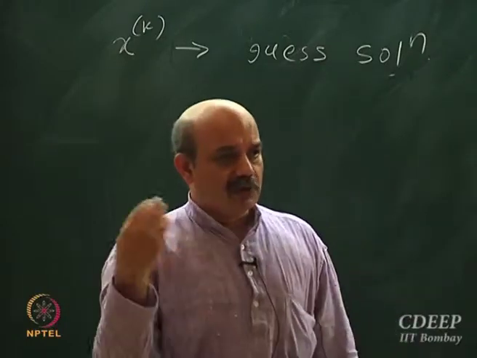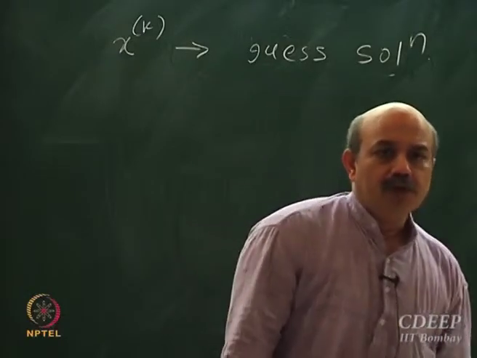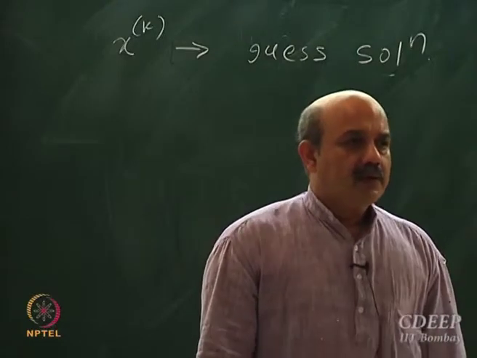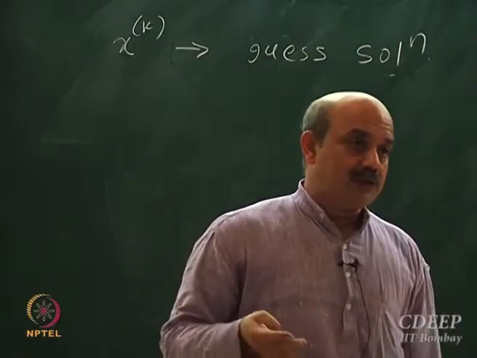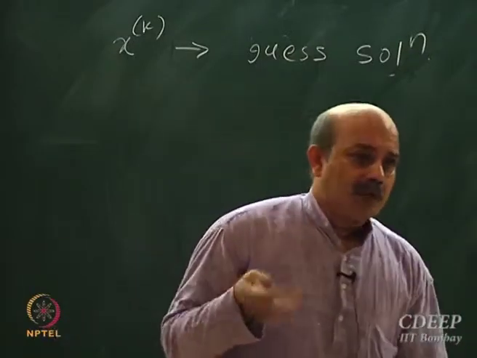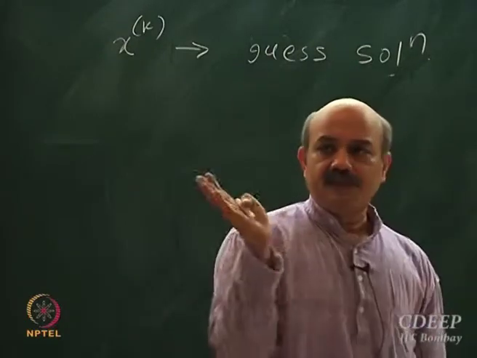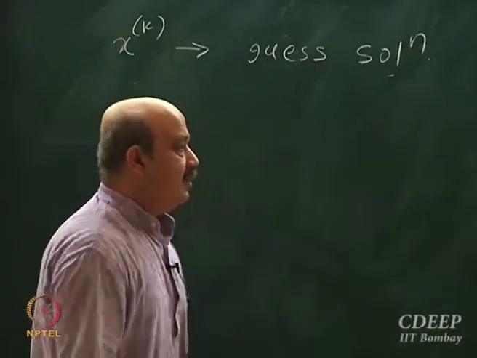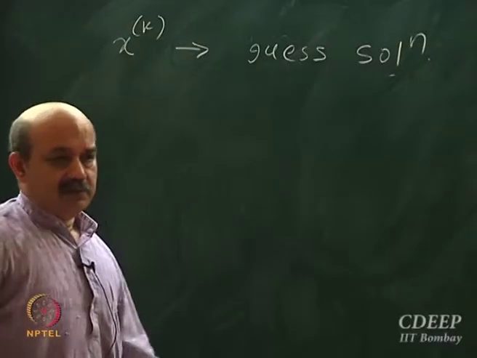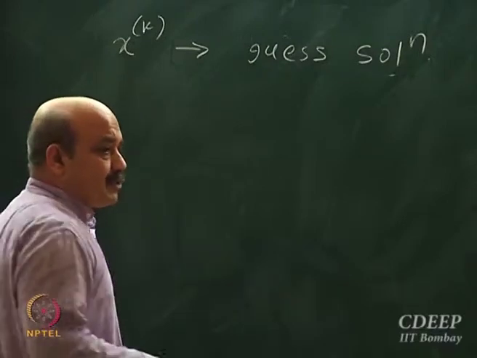Start with one guess, move on to the next guess, and then hope that iterations converge to the solution. In this case, what it will converge to will be a local solution. Well, in some cases it will converge to the global solution, but that depends upon the problem and upon your initial guess. If the problem is highly nonlinear with funny shapes, it depends. If the problem is one which has only one peak or one valley, it will reach the global minimum. So Xk is my guess solution.